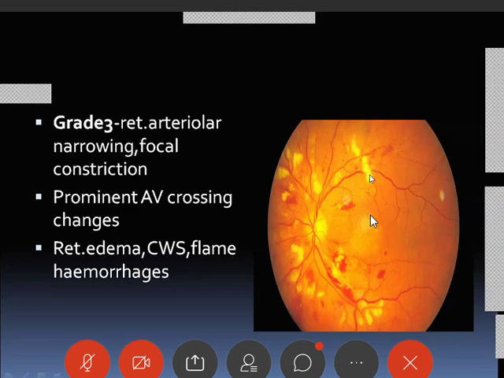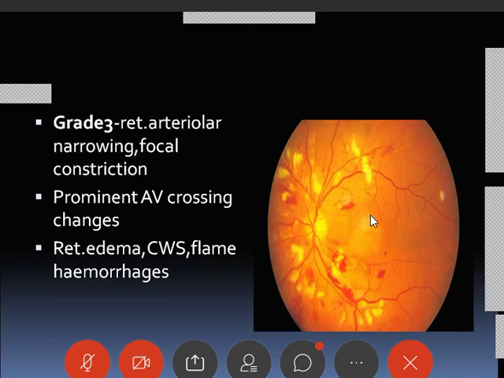So these are the cotton wool spots. Normally they are grayish white in color. These are otherwise known as soft exudates. They are nothing but nerve fiber layer infarcts, so definitely they are present in the nerve fiber layer.